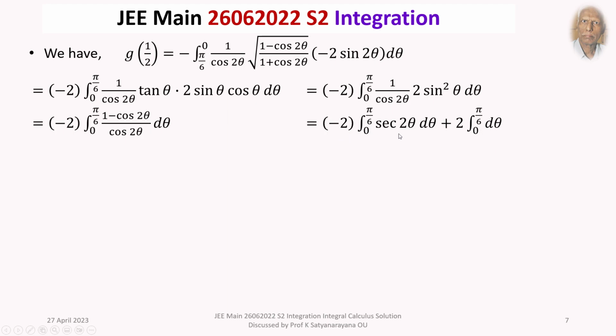And now we integrate. That is equal to minus 2, and we know the integral of secant theta d theta, but here it is secant 2 theta.